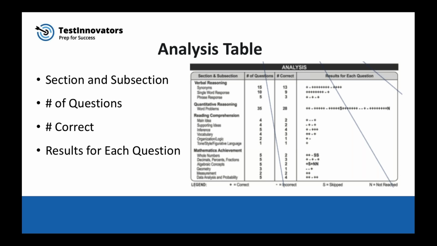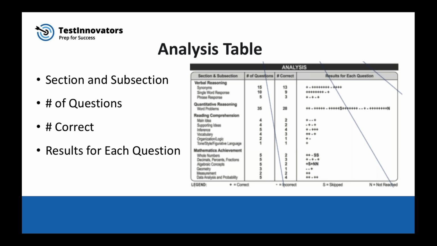They got 2 out of 2, but they missed 3 questions on whole numbers, 3 questions on algebraic concepts. So those would be a couple of places to look for more practice in if you were going to take the test again, or just to focus on in school if you're not taking the test again. So it can be helpful to find test taking strategies or just to evaluate your learning in general.